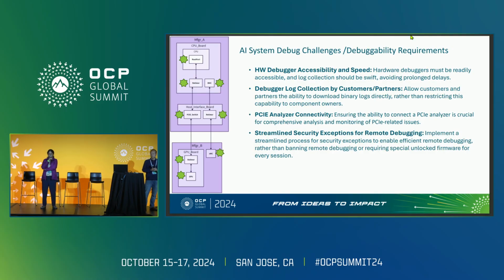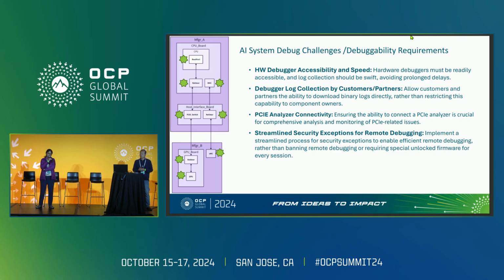The second piece is about debugger log collection by customers and partners. The logs that we collect are obviously PCIe related logs, but there's no standard format for decoding these logs, and some are customer proprietary as well.